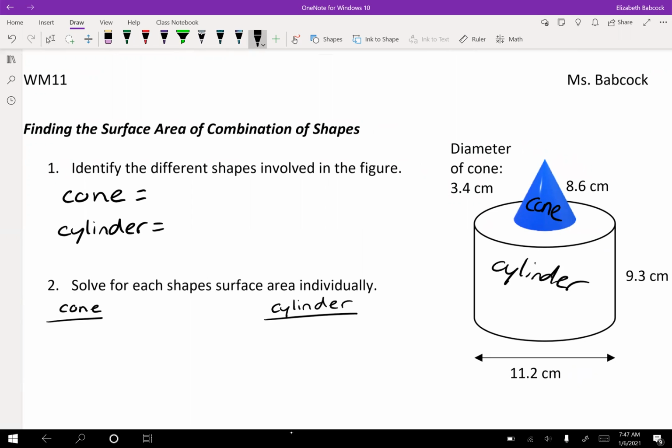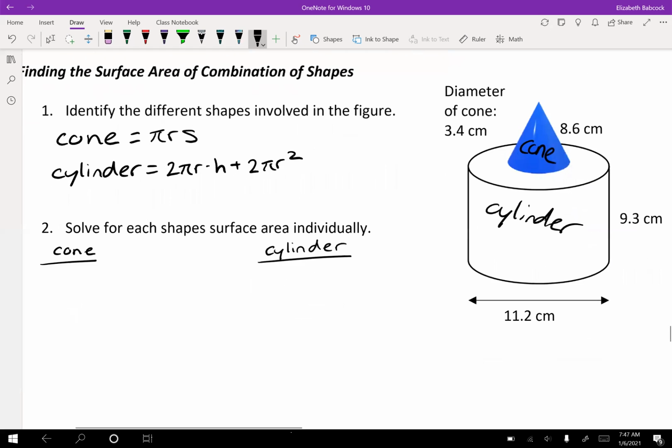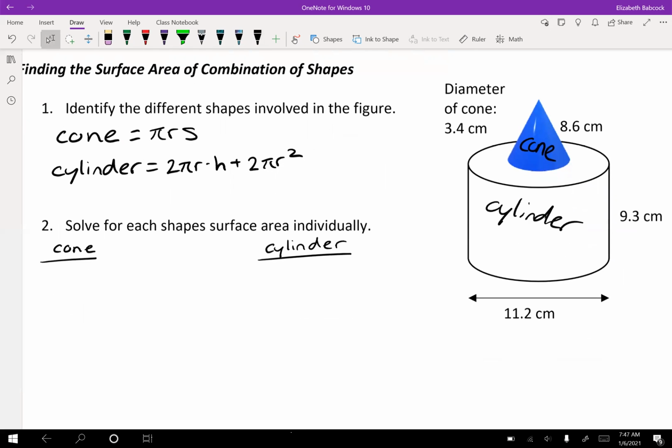However, with the cone, we only need the lateral surface area because the bottom is not showing. So we have pi r s, and then our cylinder, which is 2 pi r times h plus 2 pi r squared. We're going to solve for each one separately, and then combine them together.